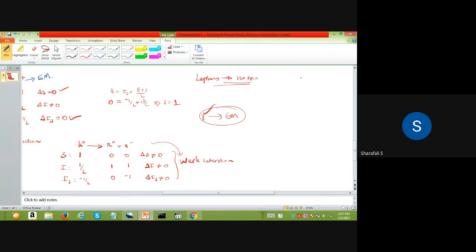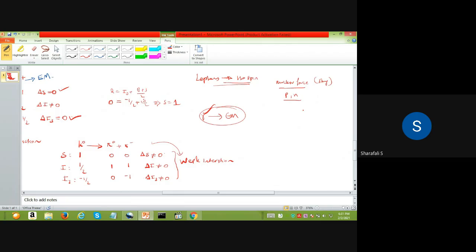For example, if you consider nuclear interaction based on the nuclear force, that means strong interaction. In nuclear force, if you consider proton and neutron, you cannot distinguish whether the particle is proton or neutron, because nuclear force or strong interaction is independent of charge. It does not consider whether it is positive charge, negative charge, or neutral.